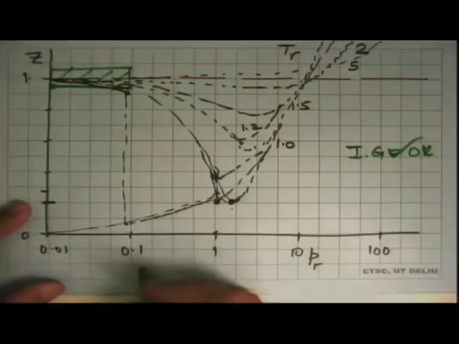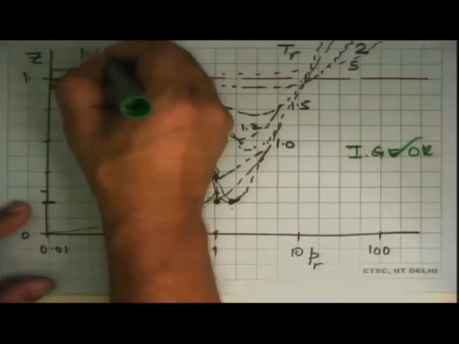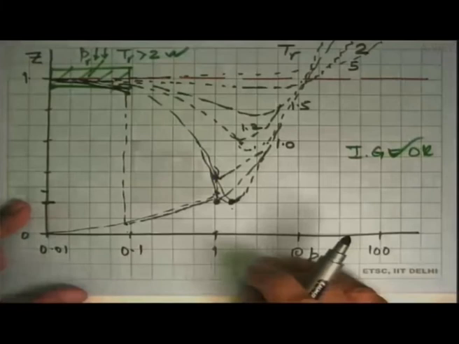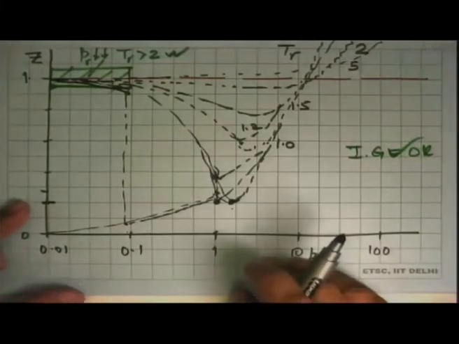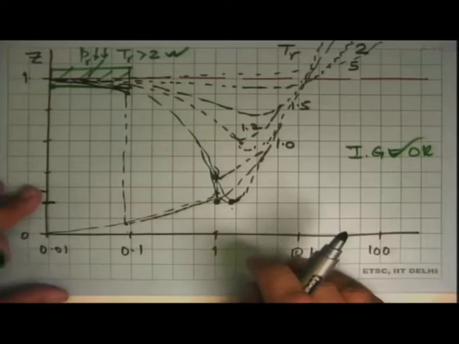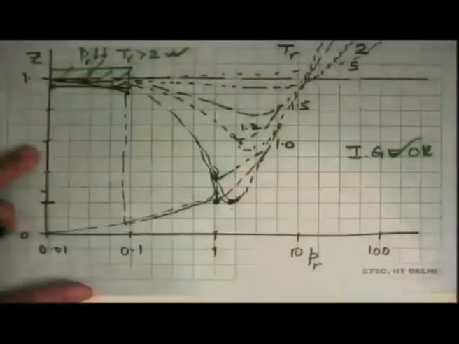So if reduced pressure is very small and reduced temperature is say greater than 2, then we can safely assume ideal gas behavior. And that's precisely the state under which the atmosphere falls. So we are quite happy that whatever we do with air, PV equal to RT is a reasonably nice thing to do for most things that we are looking at, unless we are going to very high pressures.